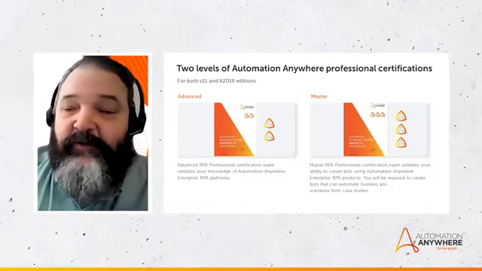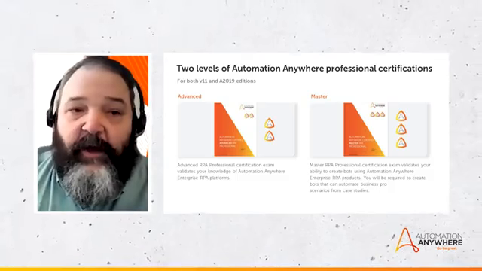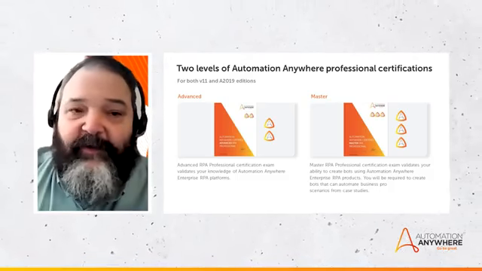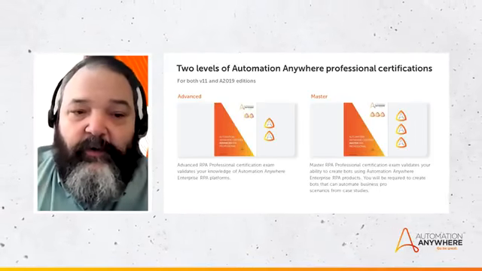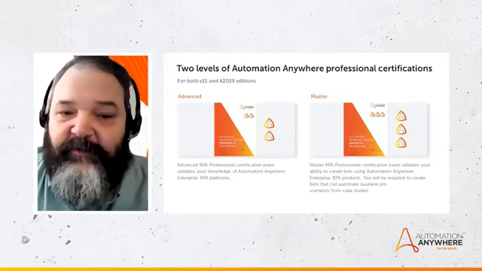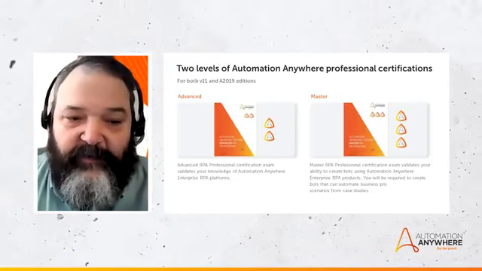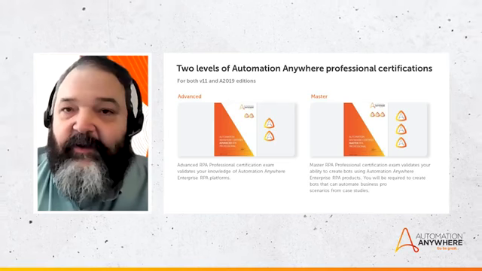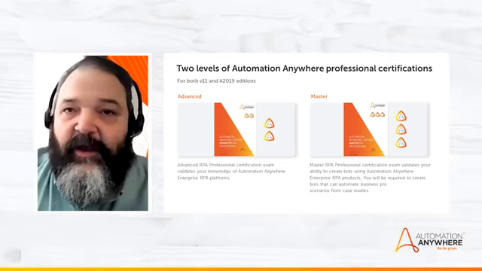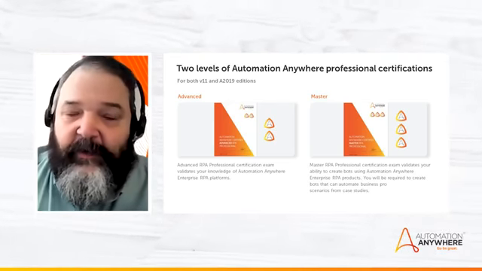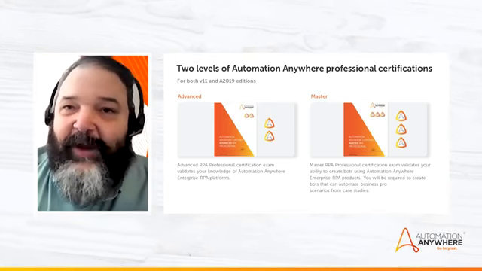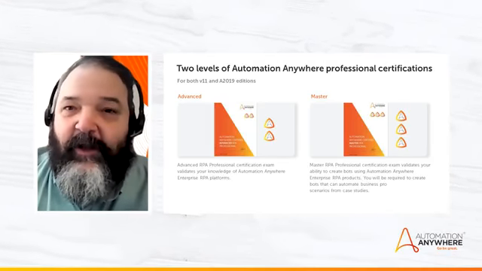First off, there are 2 different certifications, both for either A2019 or V11. The lower certification is called the Advanced Certification or the Advanced RPA Professional. This validates that you have taken all the learning trails that go with building bots. It tests you at the bot developer or citizen developer level.